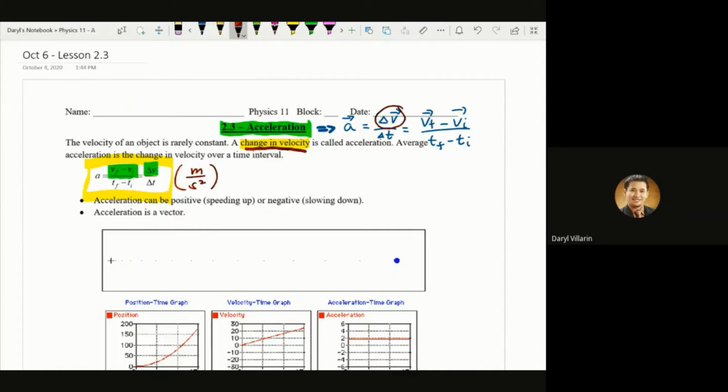So the direction of acceleration is the same as the change in velocity.